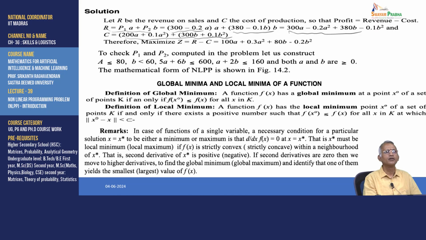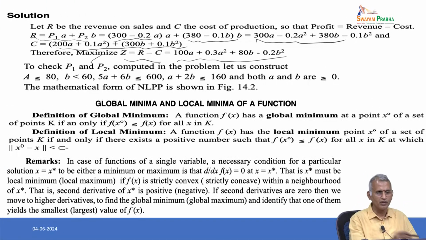Therefore, maximize Z equal to R minus C, which is equal to 100A plus 0.3 A square plus 80B plus 0.2 B square, and we have to check P1, P2, and compute the problem.